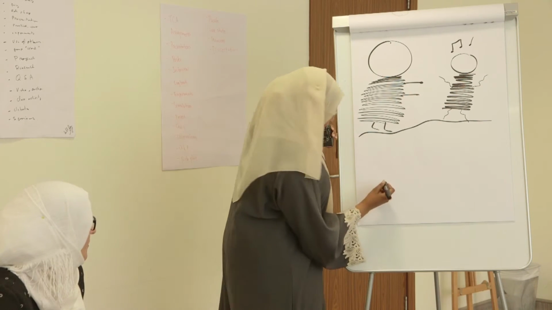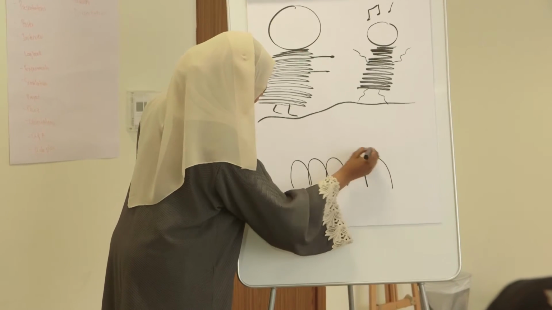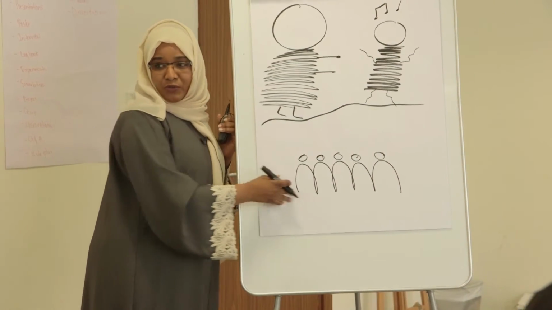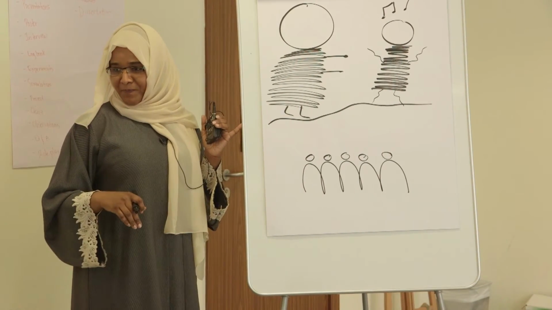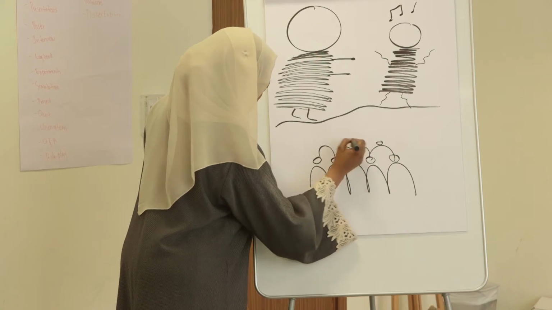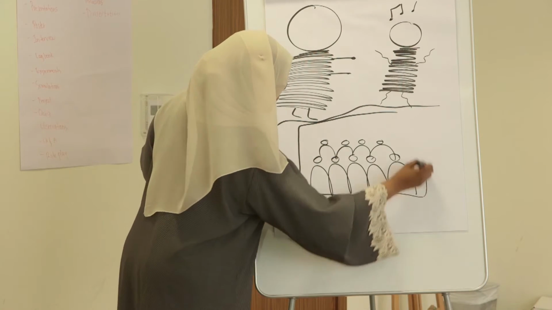Now, these are group of people in a theater watching something. So to draw a group of people, it's lots of arches close to each other. And this is the theater.